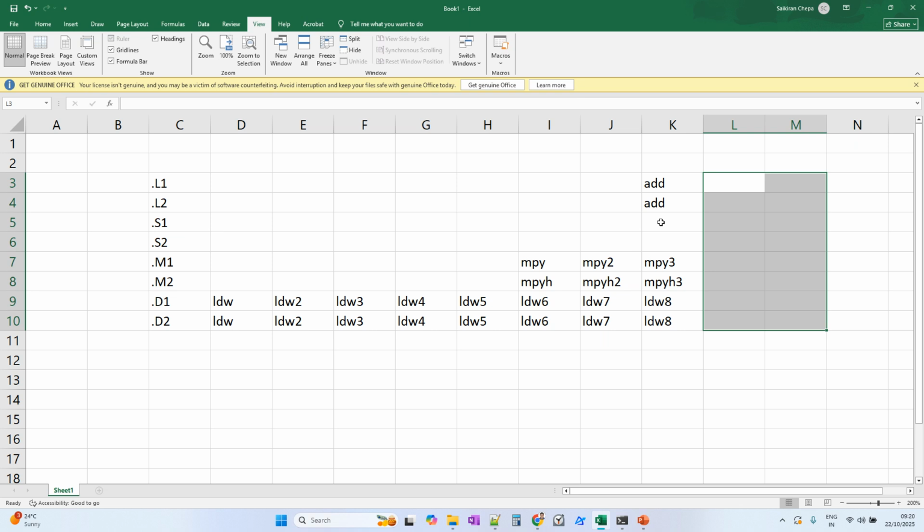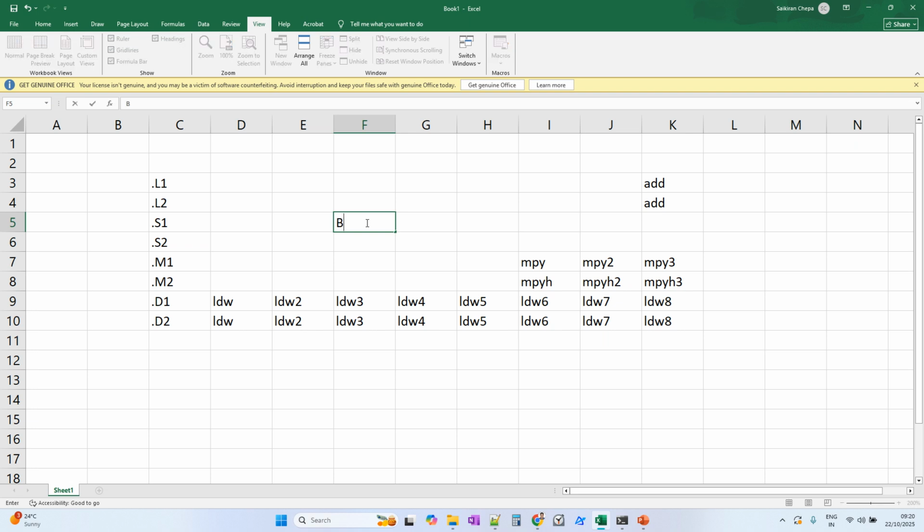So from here, like 1, 2, 3, 4, 5, here branch should come. So here one branch should come, and here we can do the subtract for this one. Subtract for 2 will come here, and then branch 2 will come here.